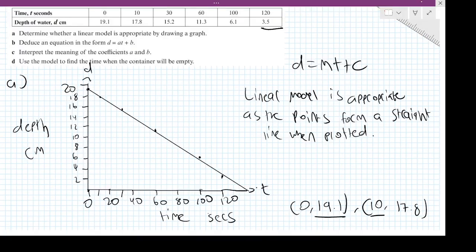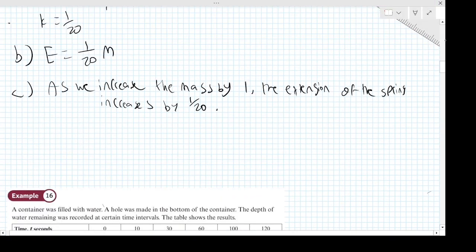So d again was the depth of water in the container.